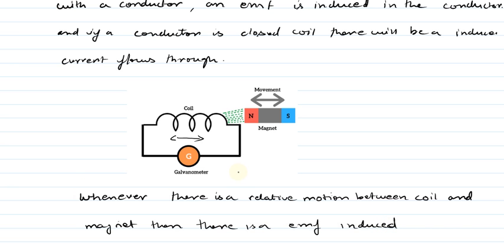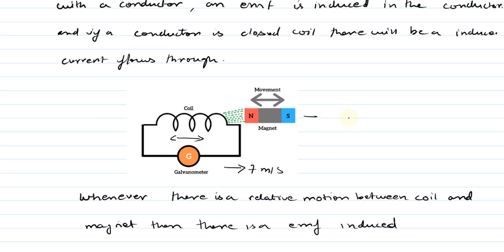And to understand relative motion, consider a situation in which a magnet is moving at 7 meter per second, and the coil is also moving at 7 meter per second. Then there will be no relative motion between them, so there will be no induced EMF in the coil.